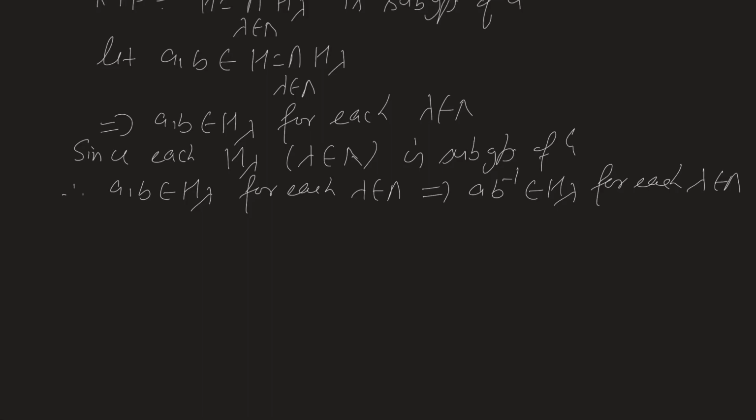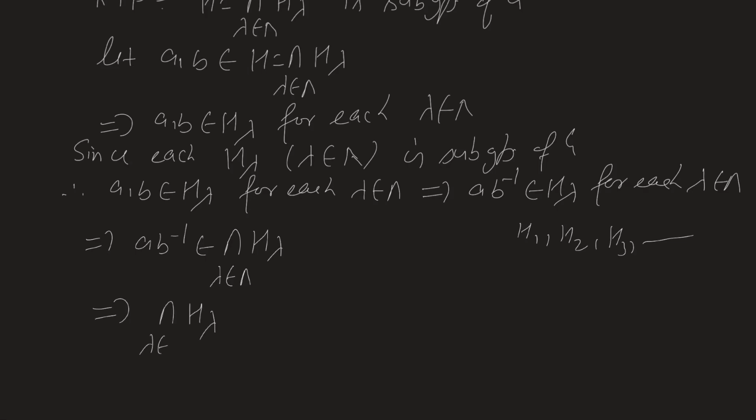So if it goes into H1, H2 and H3 for each lambda, it will also enter their intersection. This implies that A B inverse also belongs to the intersection. So by that theorem, the intersection of H lambda, which is equal to H, is a subgroup of G. Therefore we have proved that an arbitrary intersection of subgroups is again a subgroup.